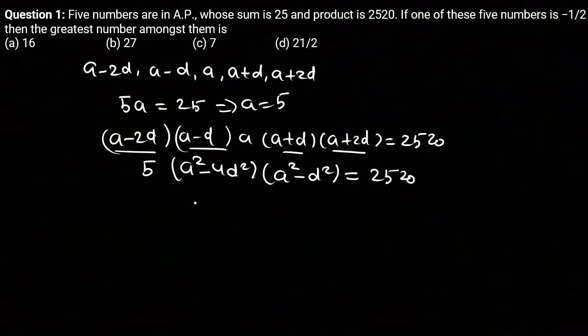And then we will put the value of a, 25 minus 4d square, and 25 minus d square is equal to 504.